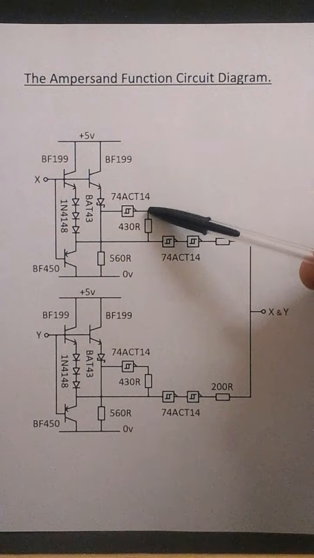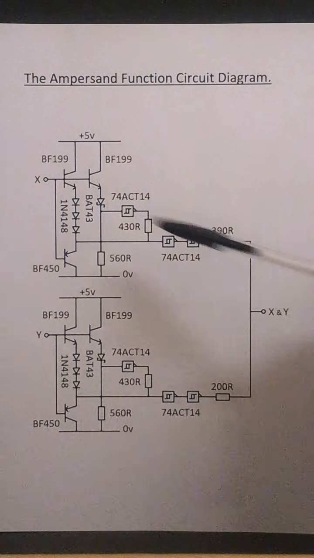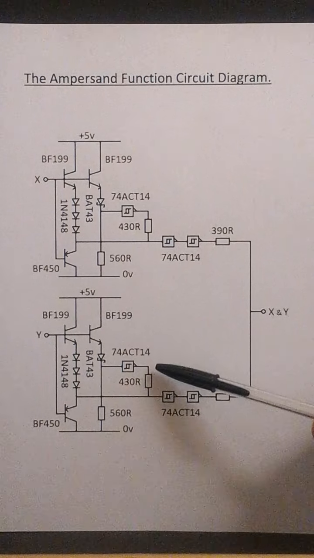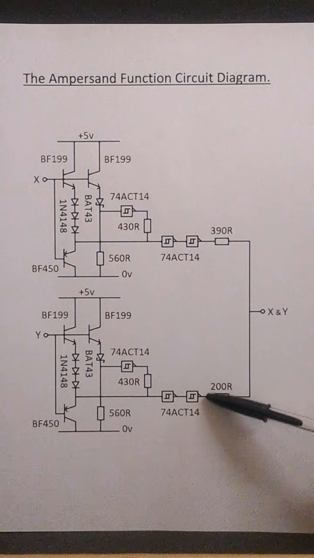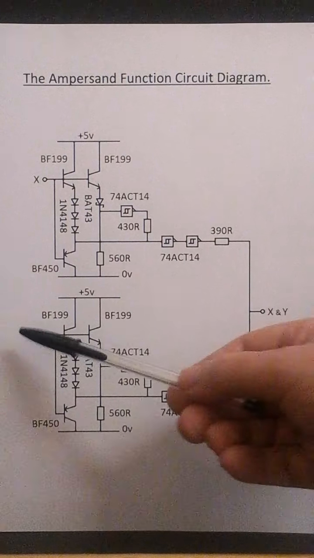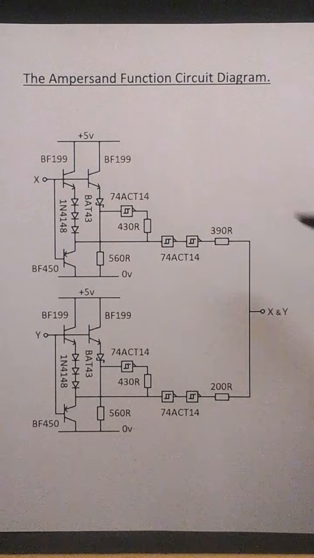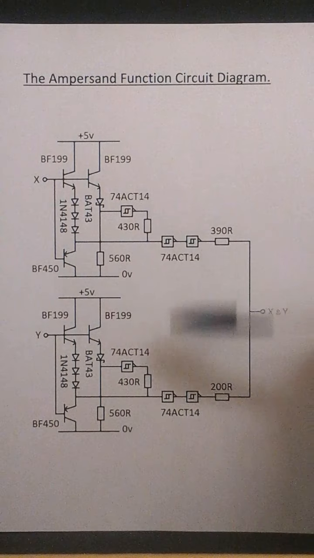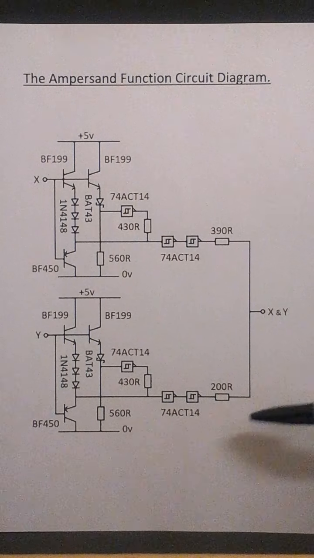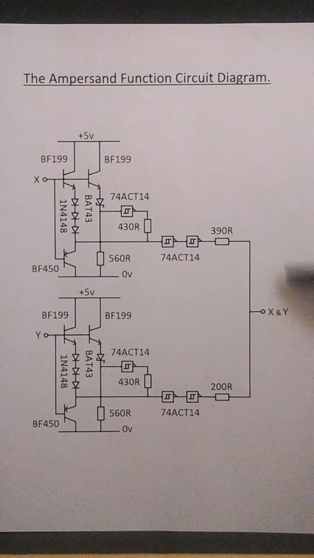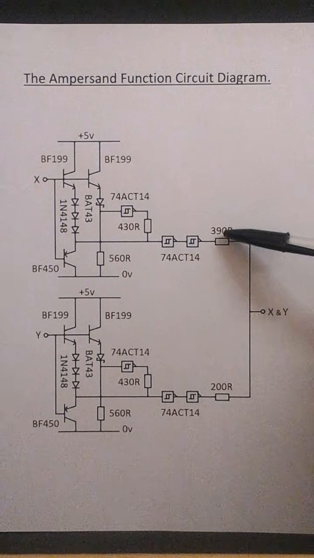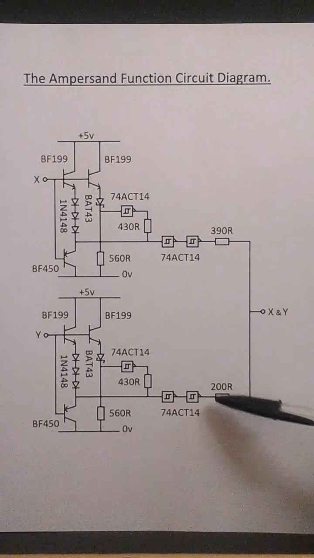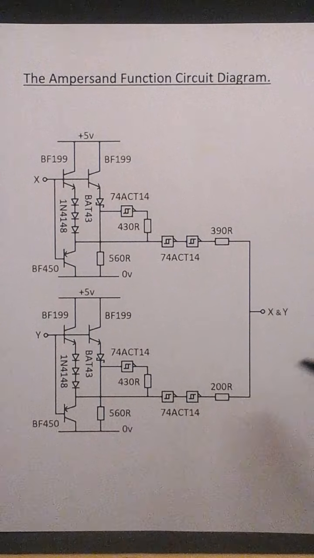Sorry, this would be not X2 and X1 for input X, and not Y2 and Y1 for input Y. These are the 390 ohm resistors and 200 ohm resistors.